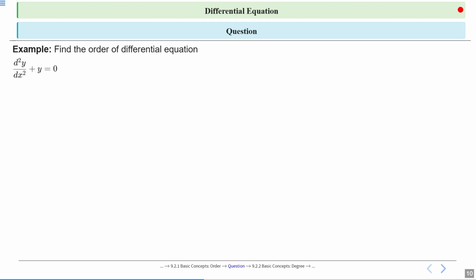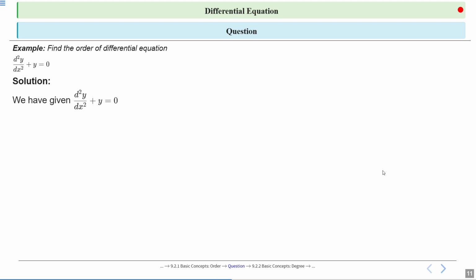We are given d2y by dx2 plus y is equal to 0, and the highest derivative in this differential equation is d2y by dx2.